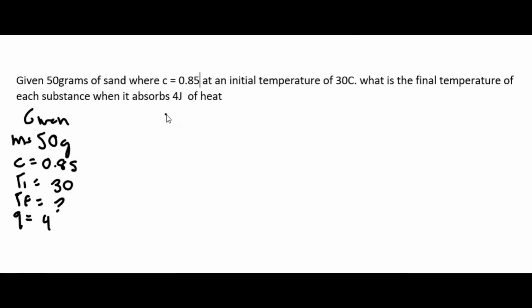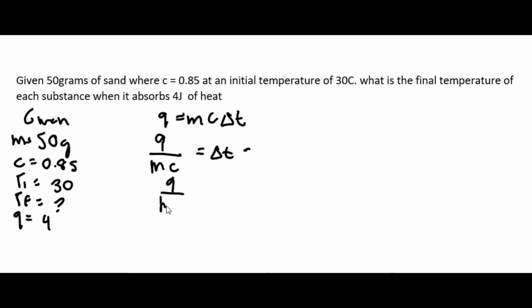So our equation is Q equals mcΔT. Let's arrange this. So Q over mc. What's remaining is ΔT, and ΔT stands for final temperature minus initial temperature.